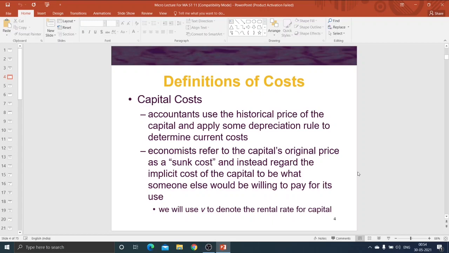Now, what is a capital cost for the accountant? It is the historical price of the capital, and you apply some depreciation rule to determine the current cost of the thing. So suppose you are buying a capital good, say a machine.